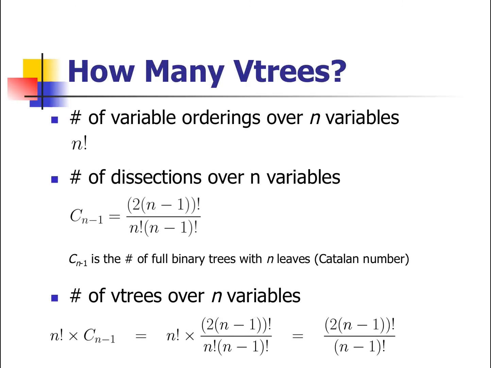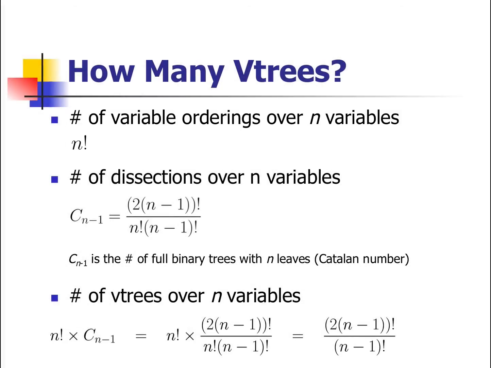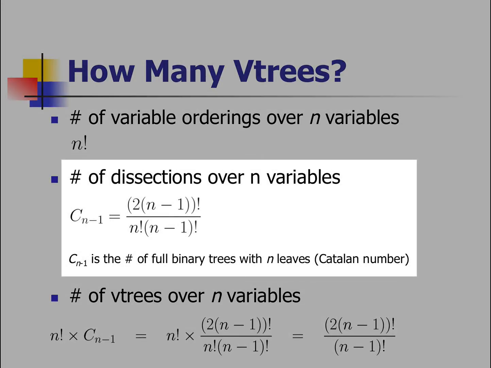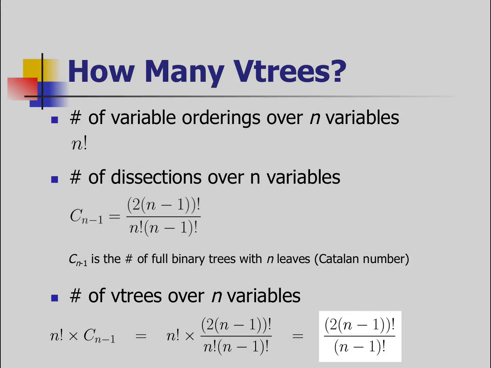Recall that if we have n variables, we have n factorial total orders. Now, the number of dissections over n variables is this. That happens to be the number of full binary trees over n leaves, which is also known as the Catalan number. If you multiply this number by n factorial, the number of total orders, you get the total number of Vtrees over n variables.